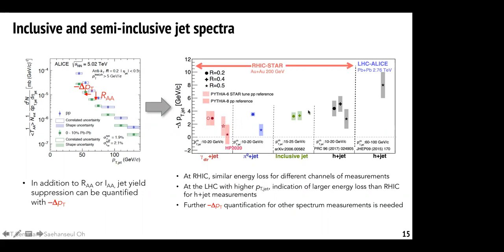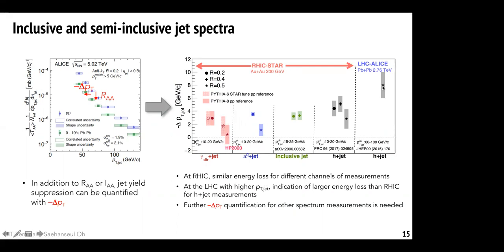The first four columns are from RHIC, and the last one is from the LHC. The first four bins are from direct photon jet, pi0 jet, inclusive jet, and hadron jet measurements. And this is the hadron jet measurement from the LHC. At RHIC, similar energy loss for different channels of measurements was observed.